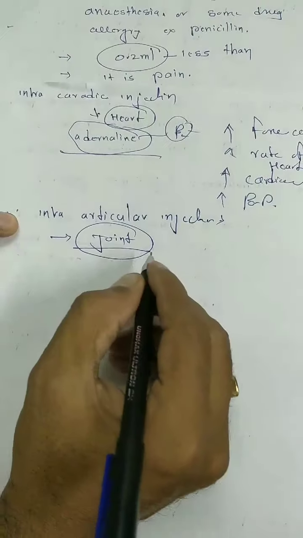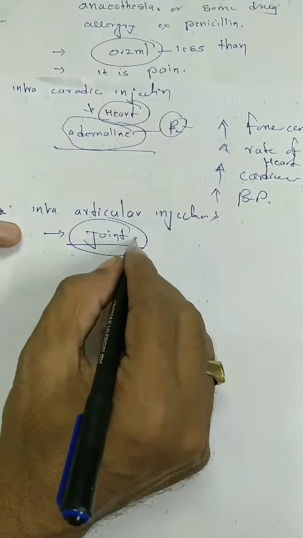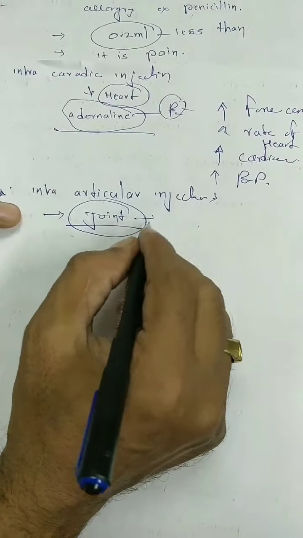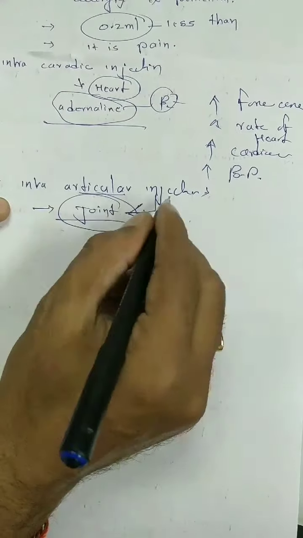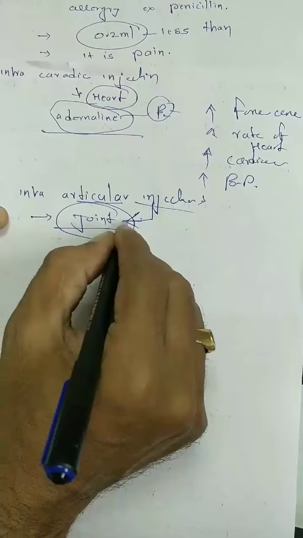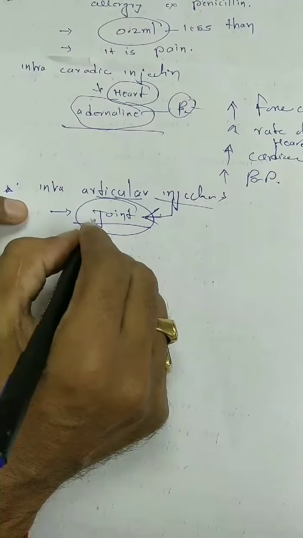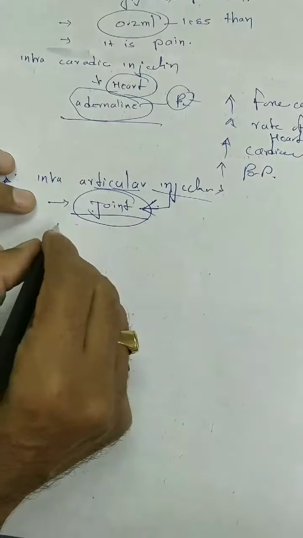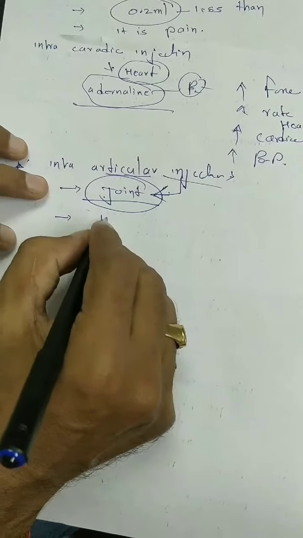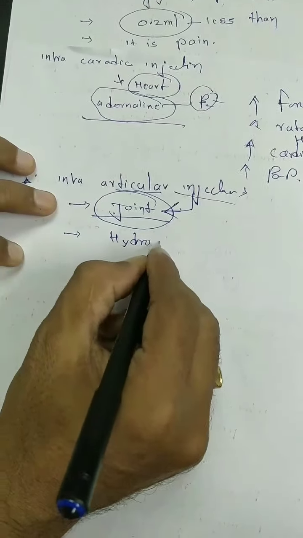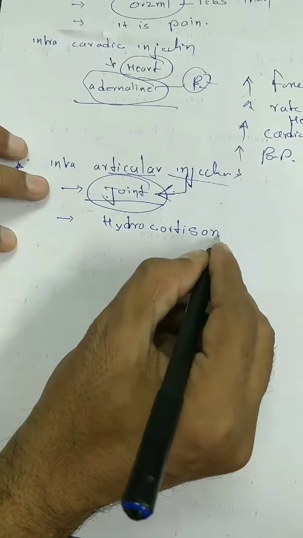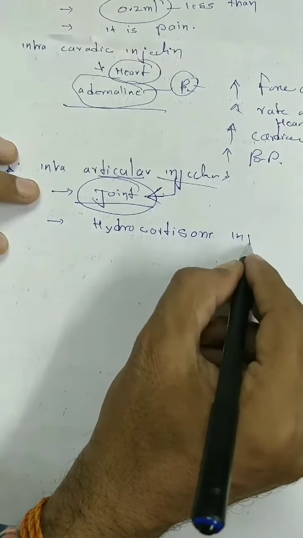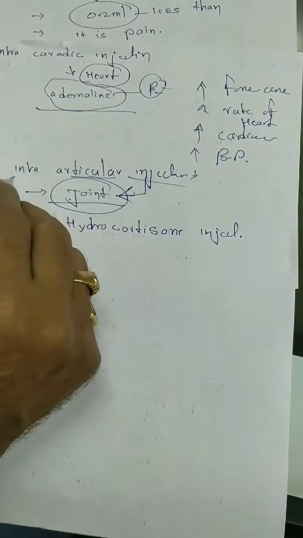When the joints have pain, at that time the drug can be administered by this route, intra-articular injection into the joints. Example: hydrocortisone injections are commonly used by this route.